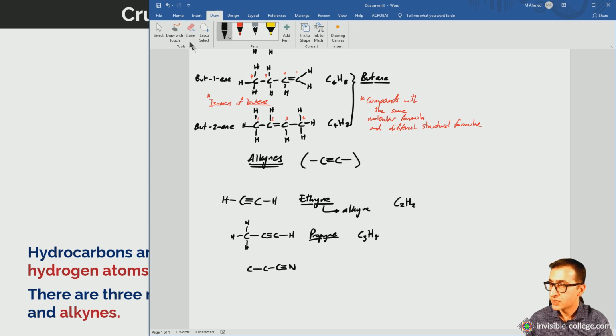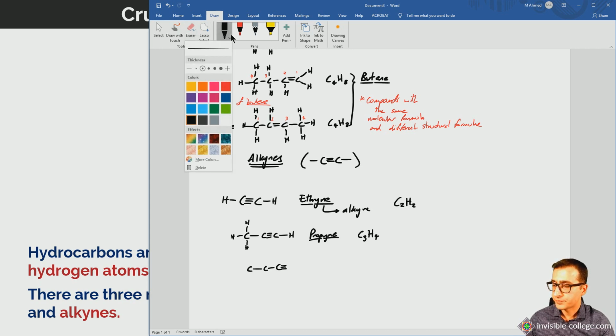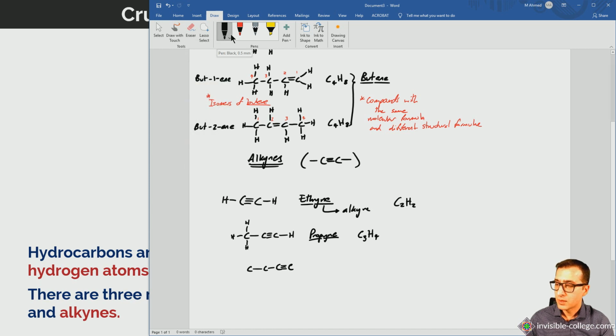Oh, beg your pardon, there's no nitrogen there. It should be a carbon. So this is a carbon, and we have a hydrogen here, and we have the remaining bonds to hydrogens here. So we can see here that this is butyne. And once again, if we look at the molecular formula for butyne, "but" meaning 4, "-yne" meaning an alkyne, this is going to be C4H6, and so on.